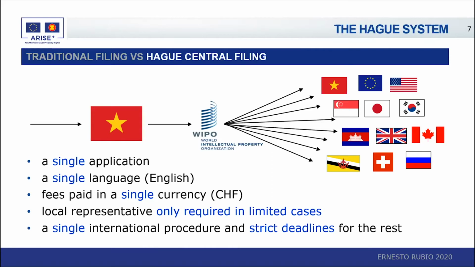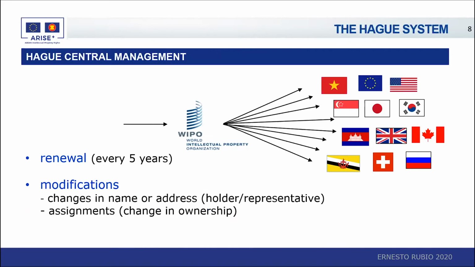Now, in addition to the advantages of central filing, the holder of an international registration also enjoys the benefits of what is called central management. And this means that he can renew his international registration every 5 years through a single request sent to WIPO with effect in all the designated contracting parties of interest to him.